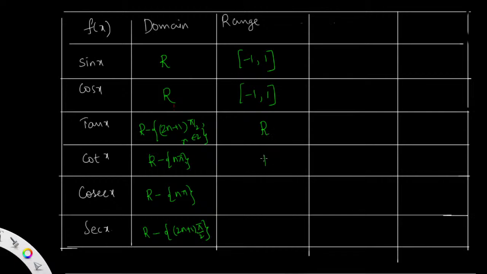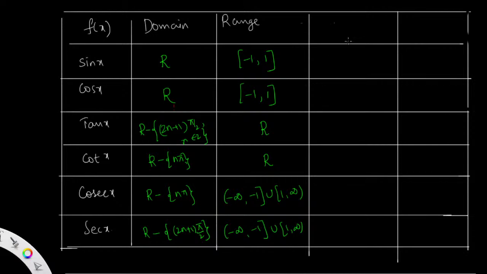Tan x is always R and cot x also R. The cosecant x graph does not lie in the interval between minus 1 and plus 1, so its range is minus infinity to minus 1 union 1 to infinity. Similarly secant x also, minus infinity to minus 1 union 1 to infinity.